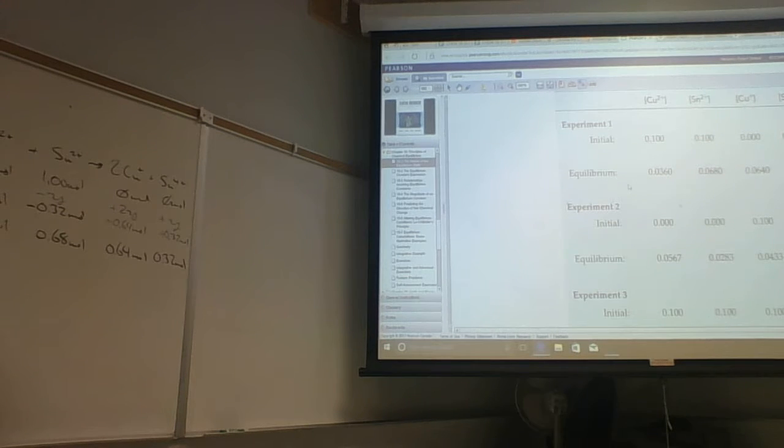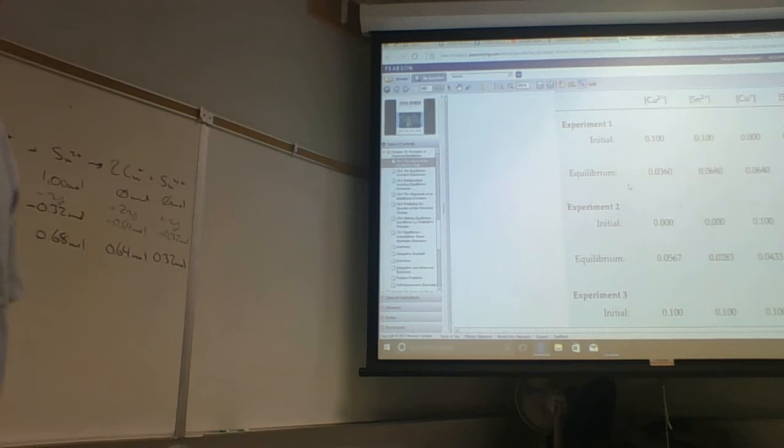So maybe it's 51-52% product, 49-48% reactant. Maybe it's that kind of mix. And so if we have this ratio, do you see it there? It's hard to see it there.